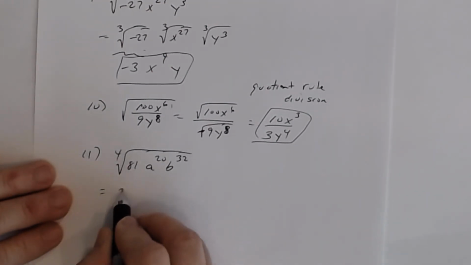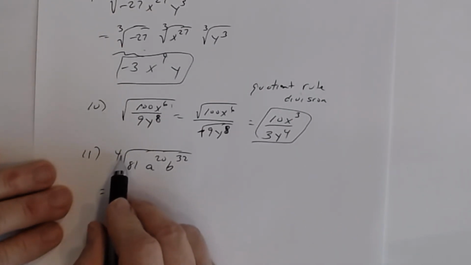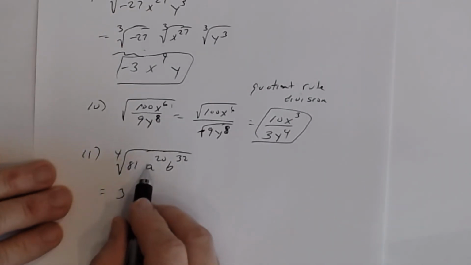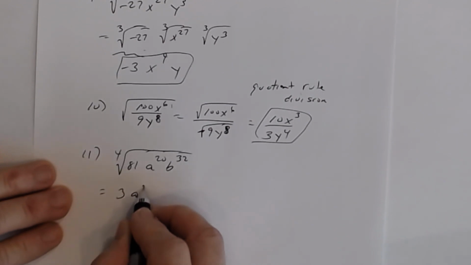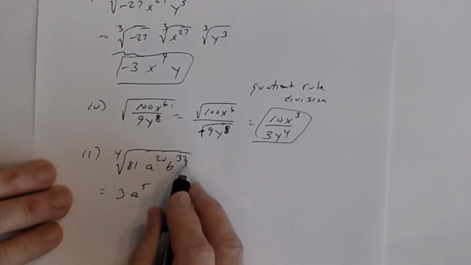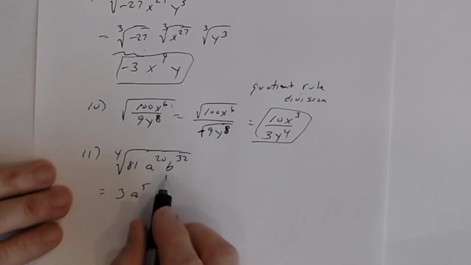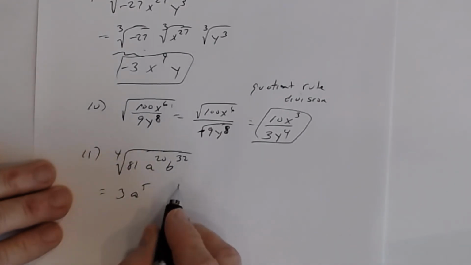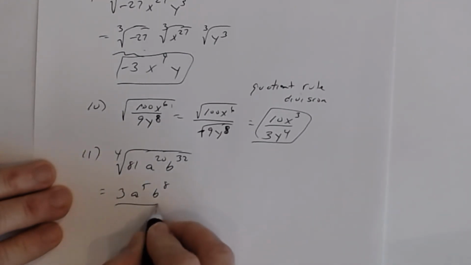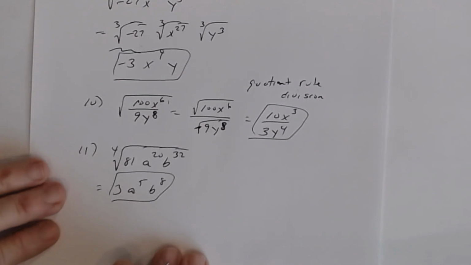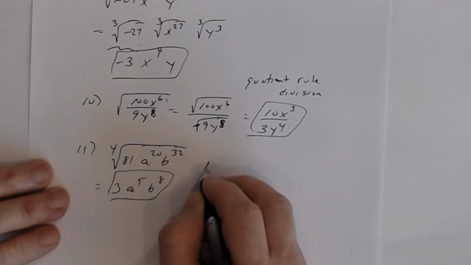So that's 3. 20 divided by 4 is 5, so the fourth root of a to the 20th is a to the 5th. 32 divided by 4 is 8, so the fourth root of b to the 32nd is b to the 8th. And there's your answer.